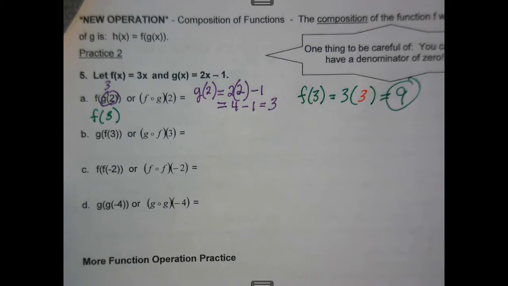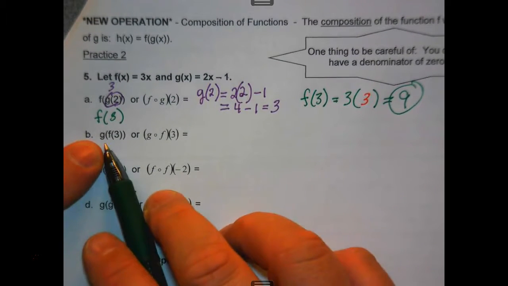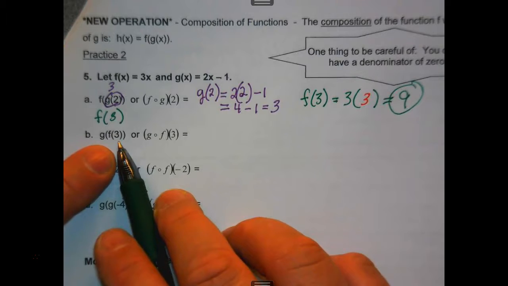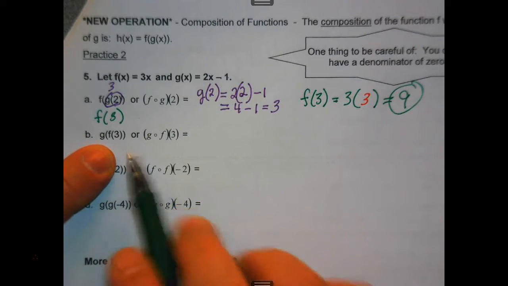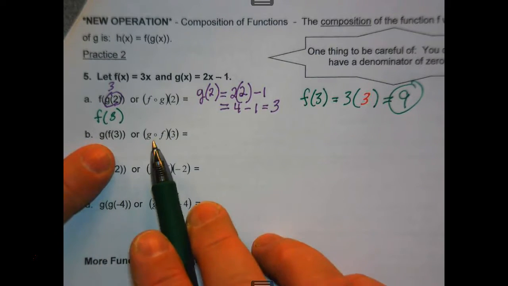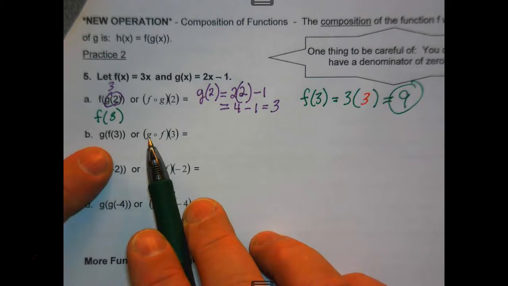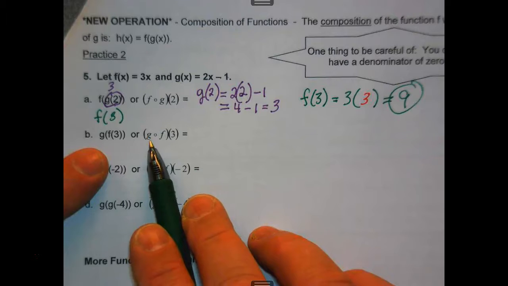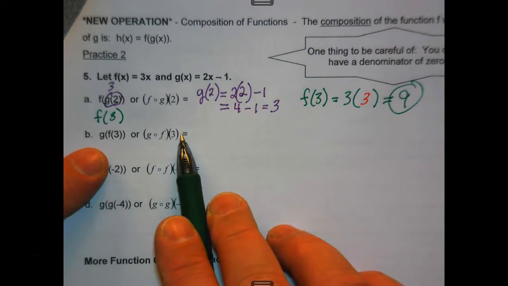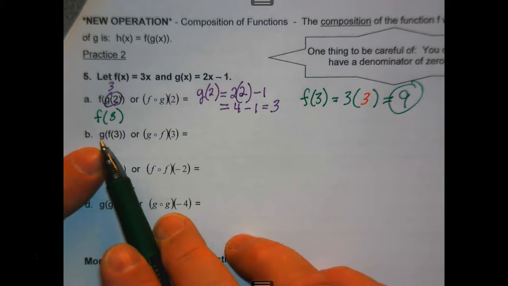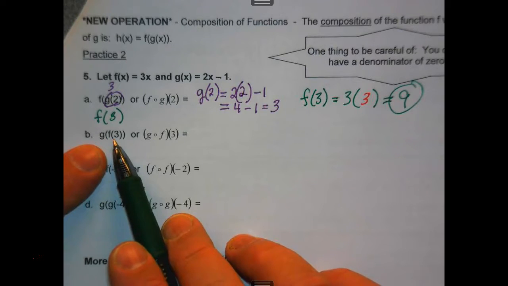B. I have the g of the f of 3 for my composite function. Again, this is the new style of symbolizing composite functions. It's the g of f of 3. I don't like it. I'm going to stick with the old and good.